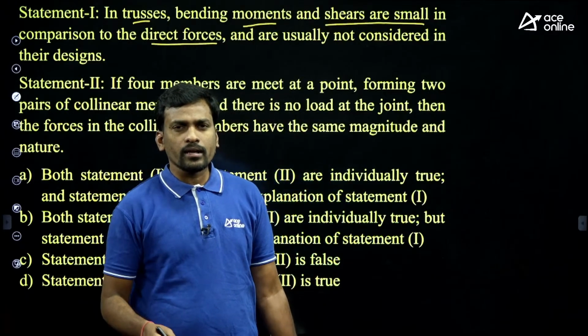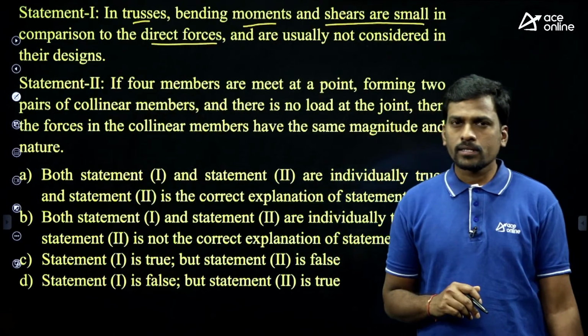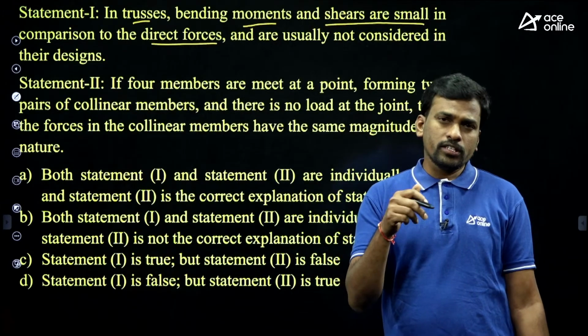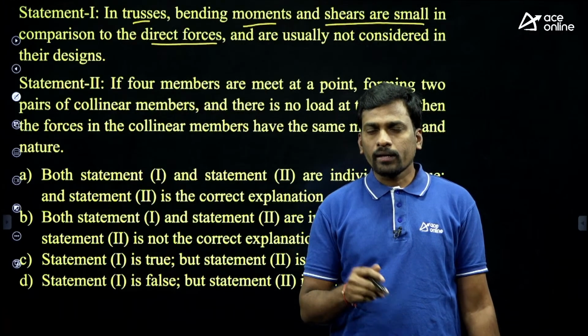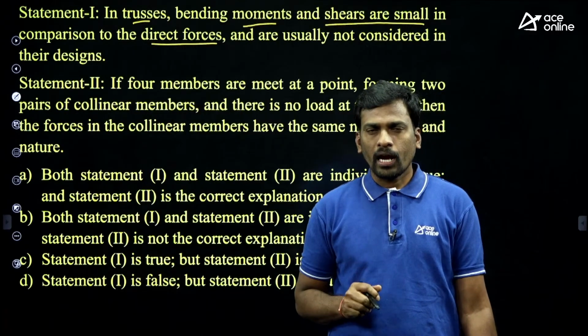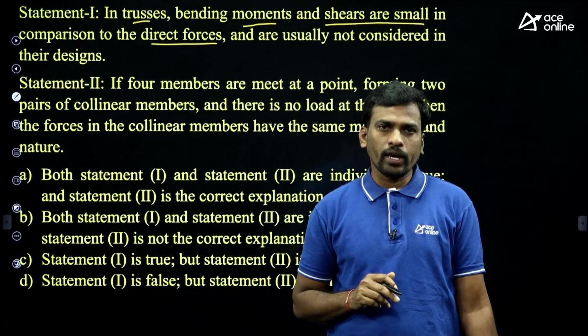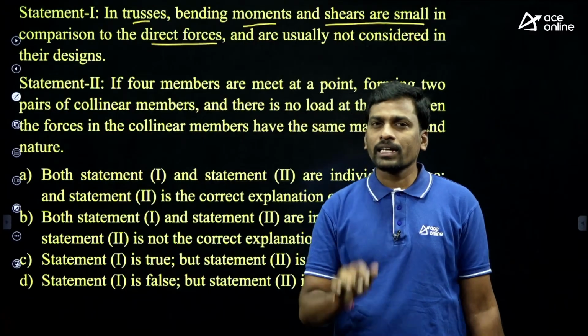Truss members are subjected to only axial forces, because in truss members there is a shear force and bending moment also practically. But shear force and bending moments are negligible and we will neglect them. And we are assuming truss members are subjected to only axial forces.